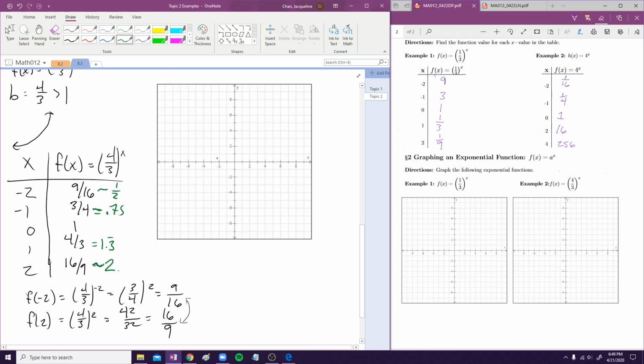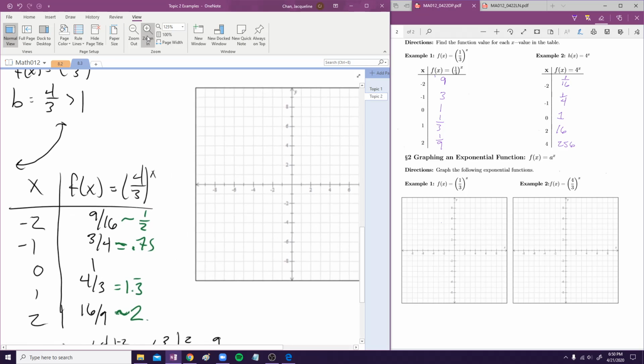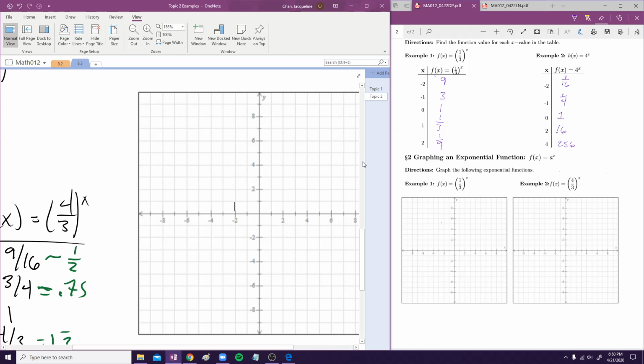So I have -2 and then about 1/2, just a little above. Maybe let's get bigger. Okay, so about 1/2, right here.